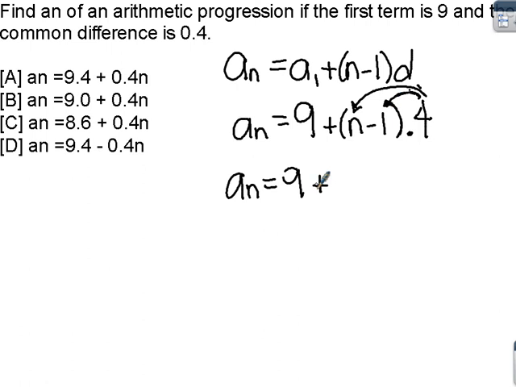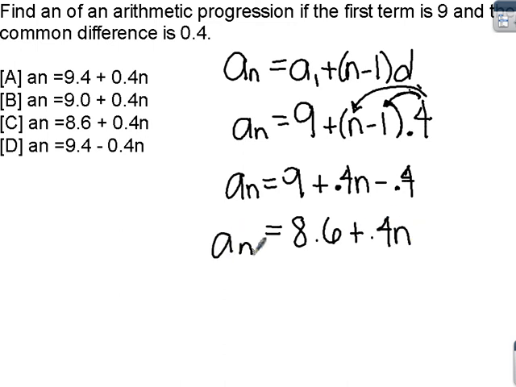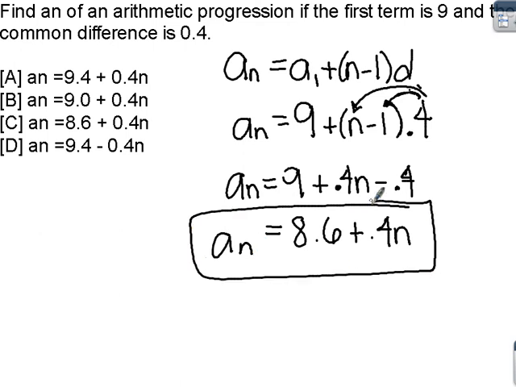Negative 1 times 0.4 is negative 0.4. So now I'm going to combine like terms. 9 minus 0.4 is what? 8.6 plus 0.4n. And there you've got your progression. Do we have that as an answer choice? 8.6 plus 0.4n. There you go. Happy mathing.